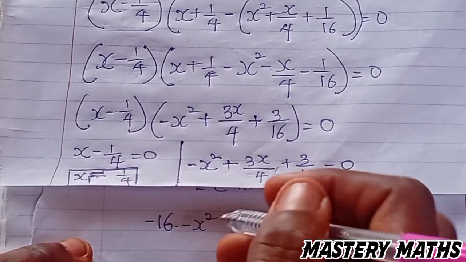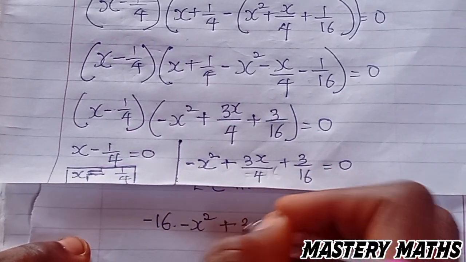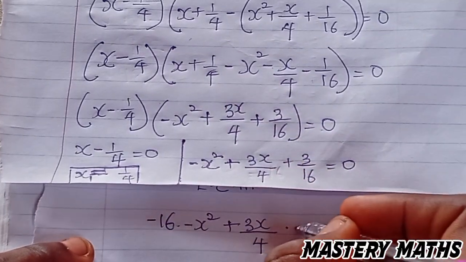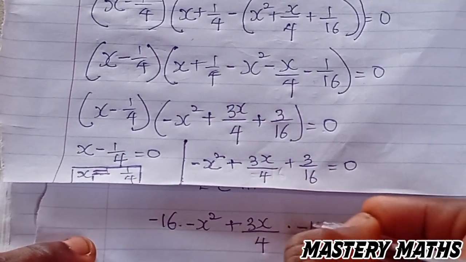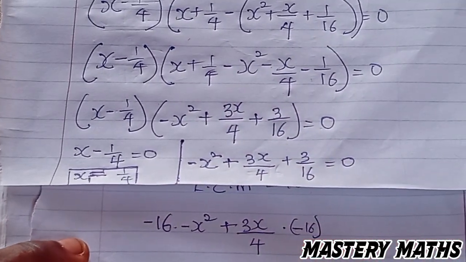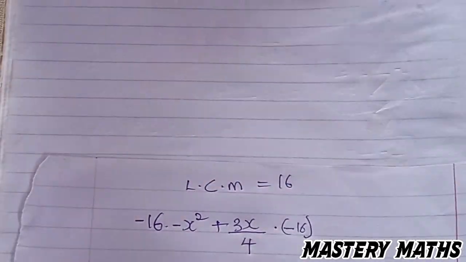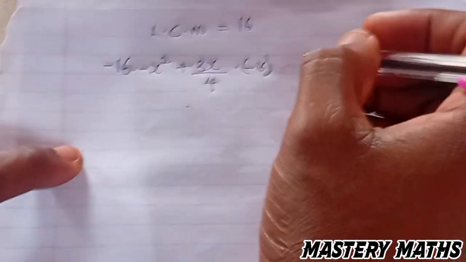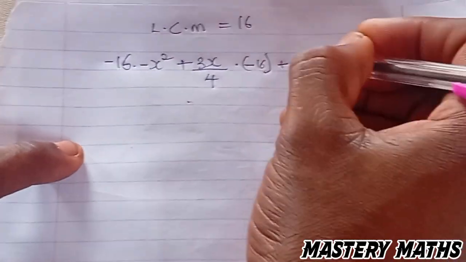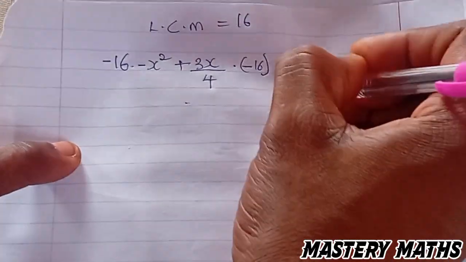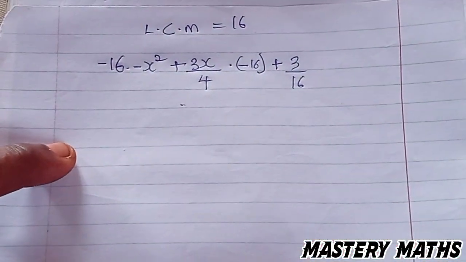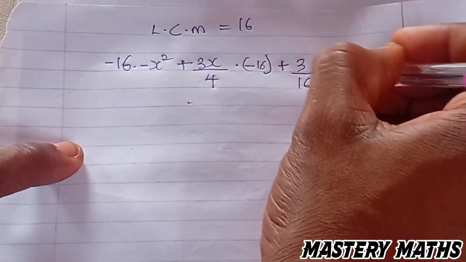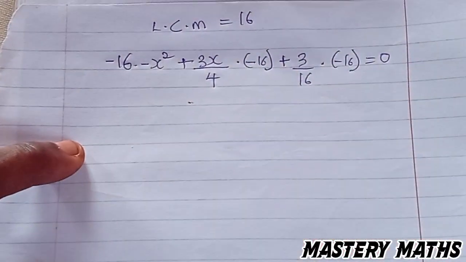So the next one we have plus 3X over 4 times minus 16 in the bracket. Now we have plus 3 over 16 times minus 16 equal to 0.